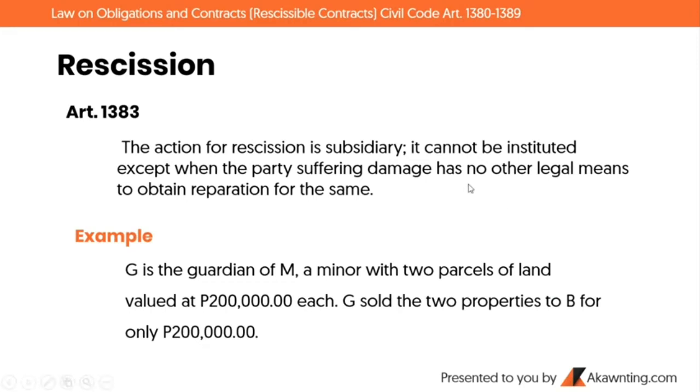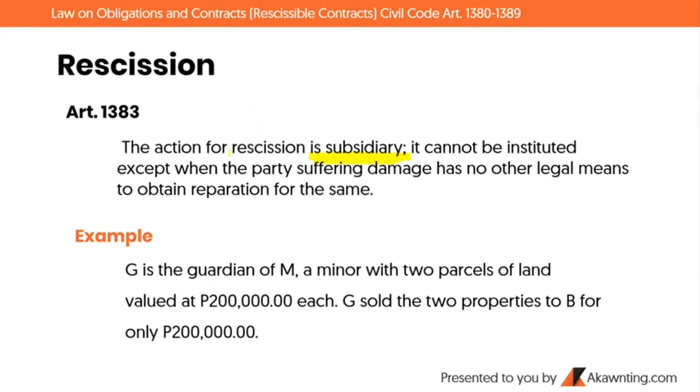But what does it mean that rescission is subsidiary? Last time, we also mentioned the word annulment, which is another method of avoiding a defective contract, but specifically a voidable contract.